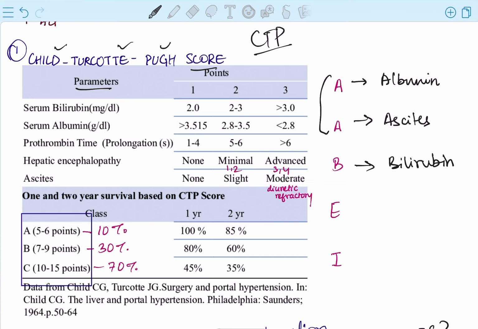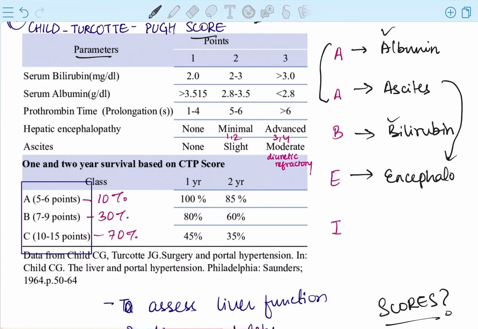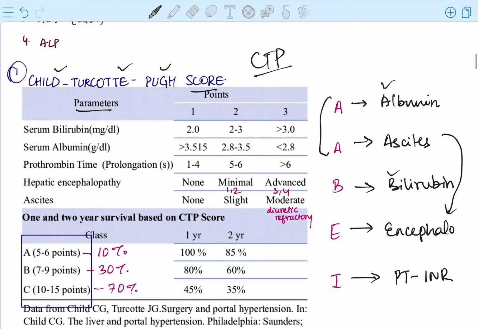Anything related to the liver should contain albumin and bilirubin. E stands for encephalopathy. If there is ascites, there is a high chance of development of encephalopathy, so we should remember encephalopathy. And I stands for the PT-INR. This is the mnemonic you can remember for the Child Turcotte Pugh score.